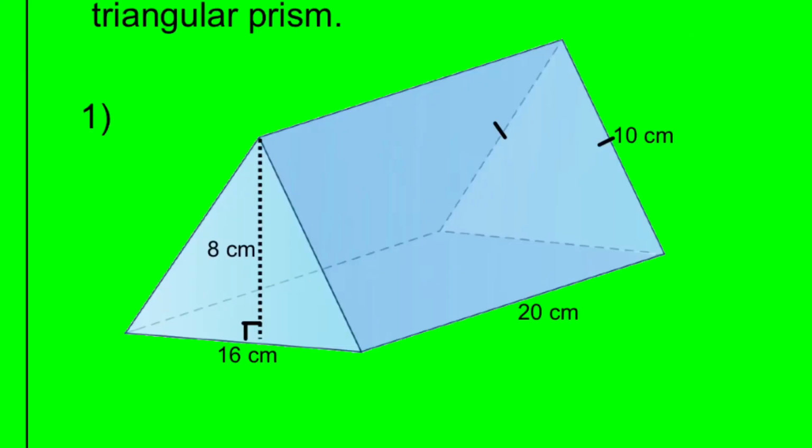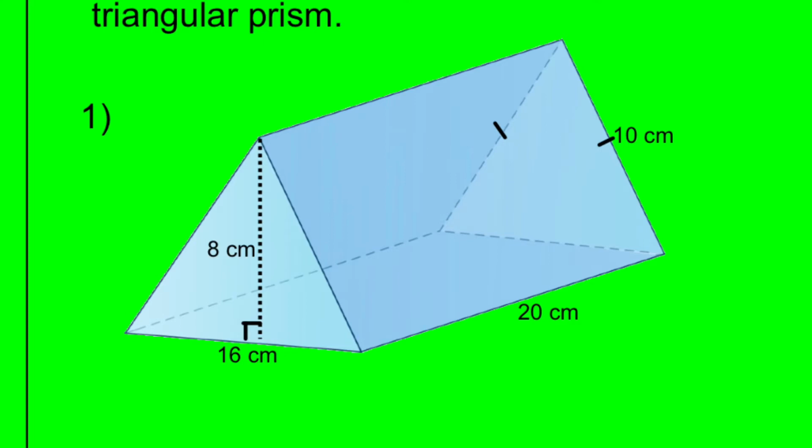Now, I'm going to do the front. The front connects to the bottom right here. It connects to that width of 16, and you can see the front is a triangle, right? It's a triangle that has a height of 8, and we could connect that triangle to the bottom, where the bottom is 16 centimeters.